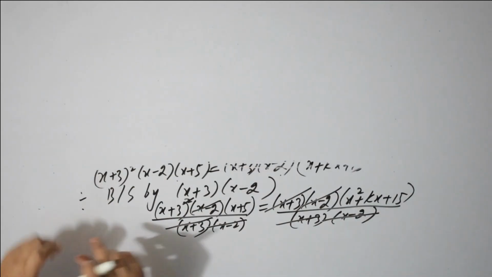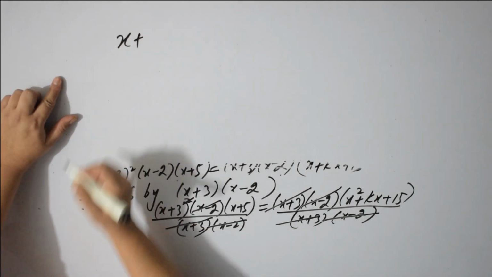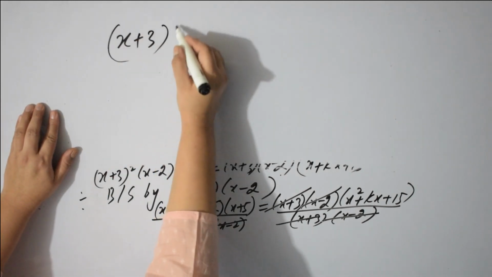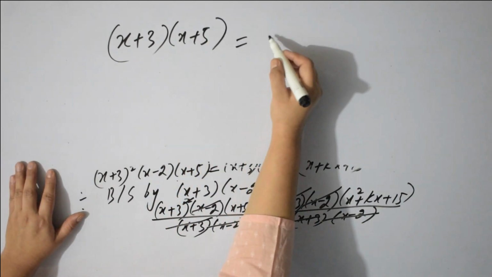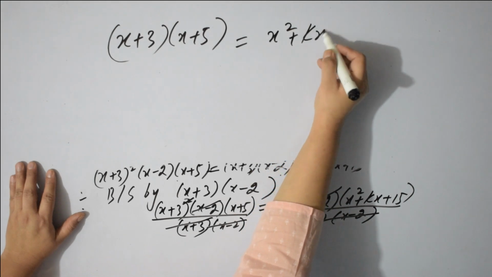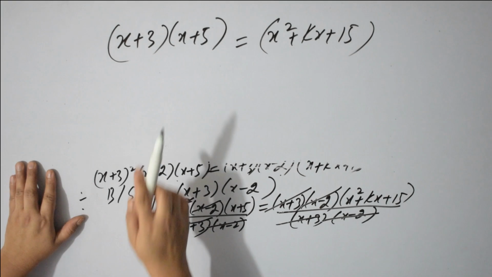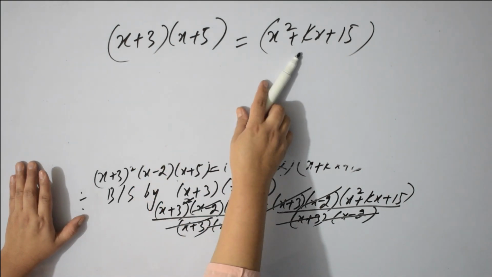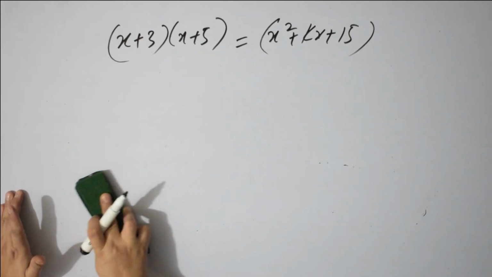On my left hand side I have x plus 3 and x plus 5, and on my right hand side x square plus kx plus 15. These factors are left on the left hand side and right hand side. Now I will multiply these two factors.